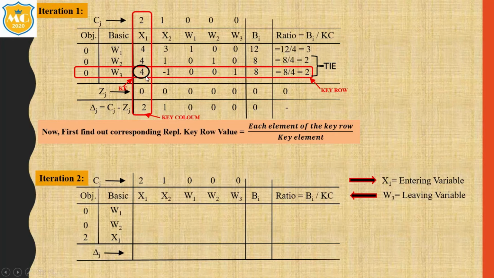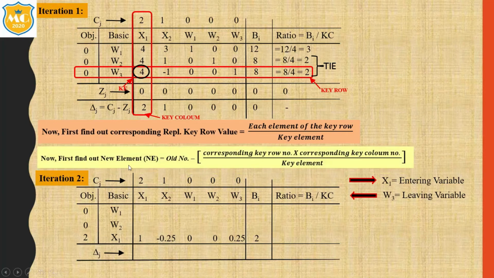So here we get the values 1, minus 0.25, 0, 0, 0.25 and 2. For the remaining values we have to use this equation. New element is equal to old number minus, in bracket, corresponding key row number into corresponding key column number divided by key element.